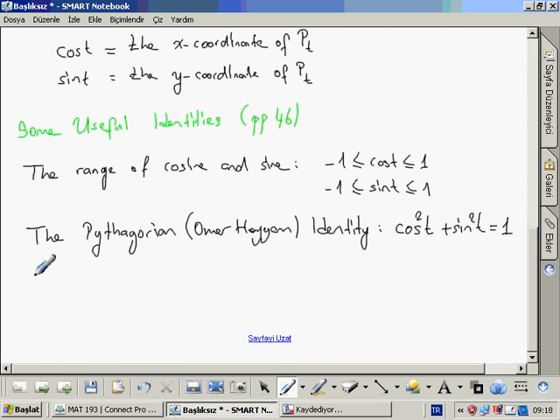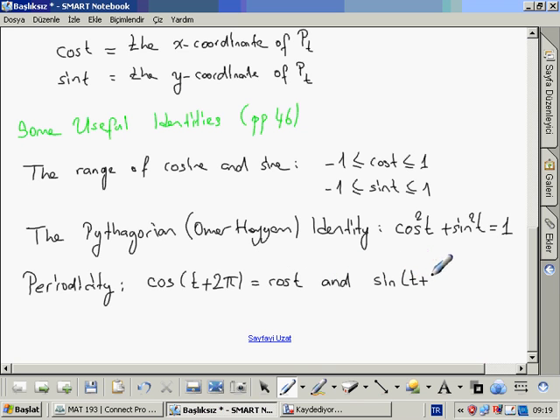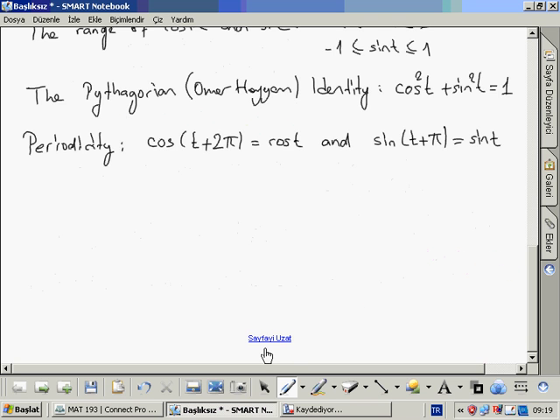And the periodicity: we can say cosine of t plus 2 pi equals cosine t, and sine of t plus 2 pi equals sine t.